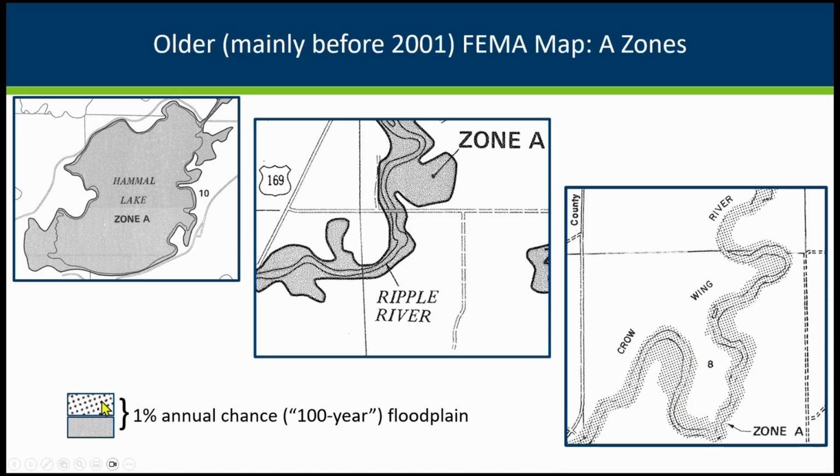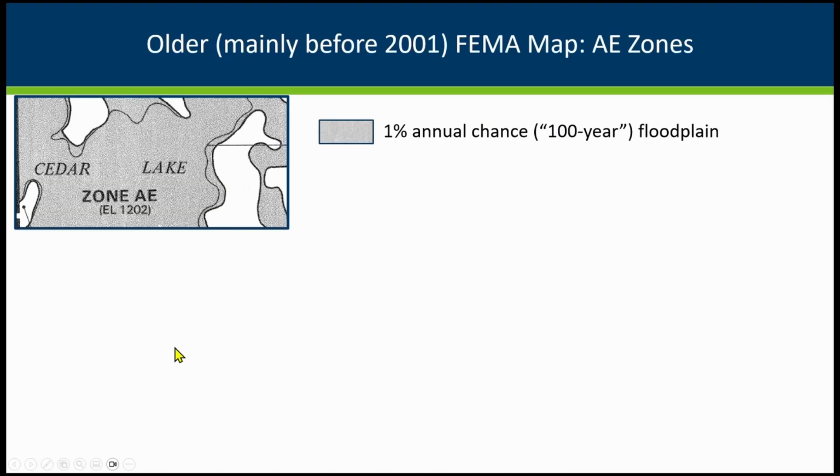So in both cases, the dots or the shaded gray area are our 100-year floodplain, or a 1% annual chance floodplain. For our older detailed maps, they will show that zone AE, E for elevation, and they'll show that rounded to the nearest foot elevation. That gray area is our 1% annual chance floodplain.